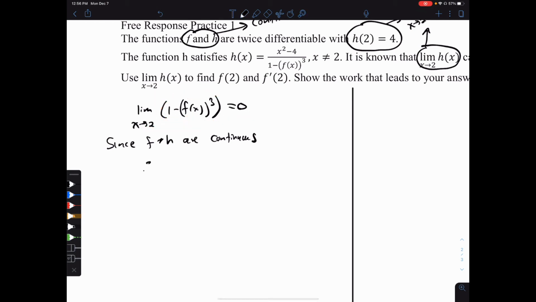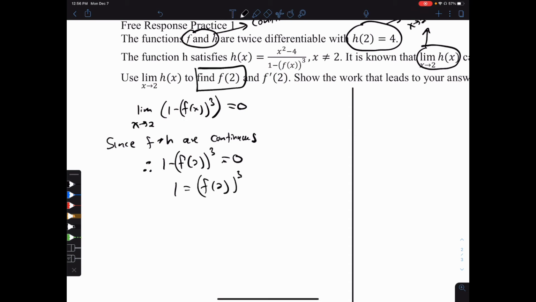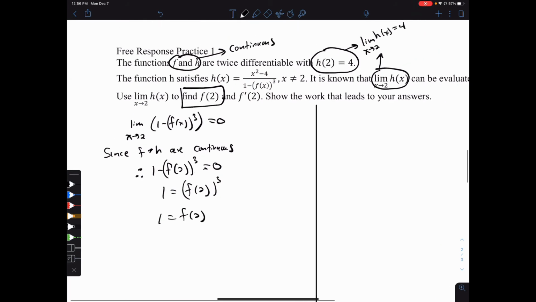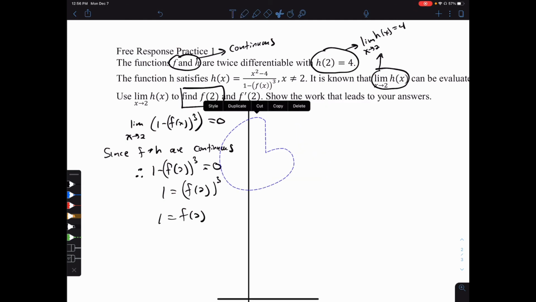So the conclusion we can draw from that is 1 minus f of 2 cubed should equal 0. And if we were to solve this for f of 2, which is what one of the questions asks us to do, cube root both sides, we're going to get f of 2 is equal to 1. So we got one answer down.